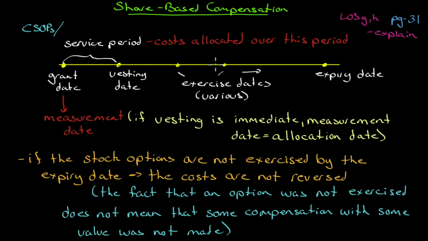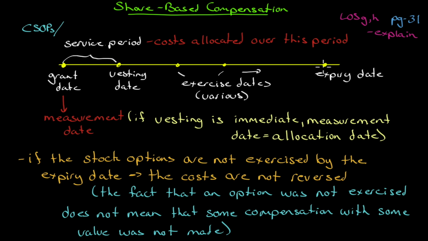Anytime after the vesting date, you have exercise dates. So I put 2 nodes here for exercise dates, but it could be at any time. You don't know when it'll be exercised, but there is an expiry date. Typically for options that are used as compensatory stock options, the expiry date is typically 10 years.